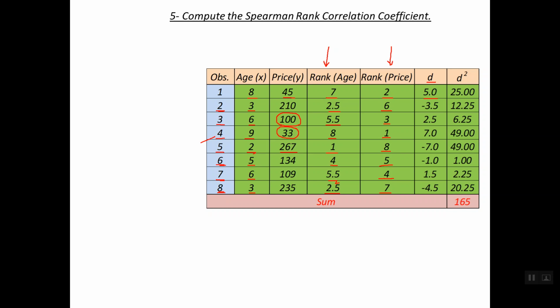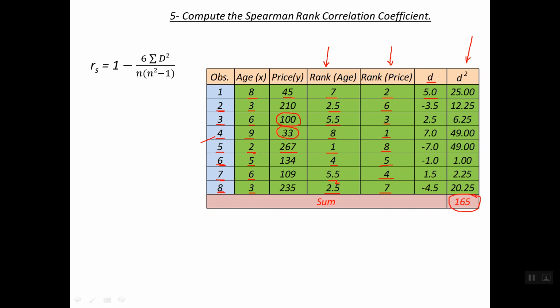In order to remove this conflict, we take the square of D. So we add the last column for D square, we square all of the values of D, and finally we compute the sum of the D square. So this is the way how to rearrange the records before starting using the formula of the Spearman correlation coefficient.